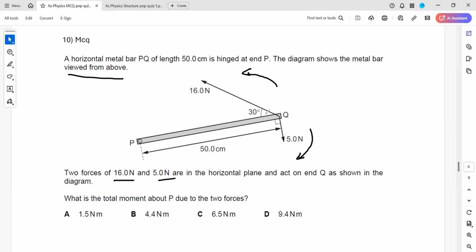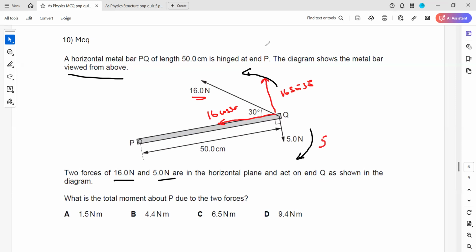So this 16 will have two components. One of the components is along the bar, which equals 16 cosine 30. Another component will be the perpendicular, which equals 16 sine 30. So what is the total moment about P? What is the clockwise moment?